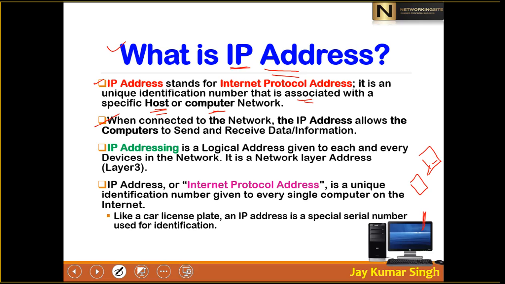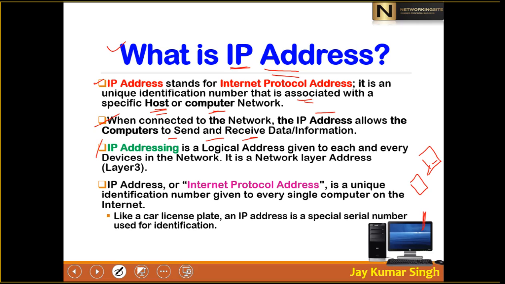So when connected to the network, the IP address allows the computers to send and receive information or data. Without an IP address, you cannot communicate and you cannot send data in the network, because your IP address is the address in the network. Now, an IP address is also known as the logical address of the computer, and it is given to each and every layer 3 device.